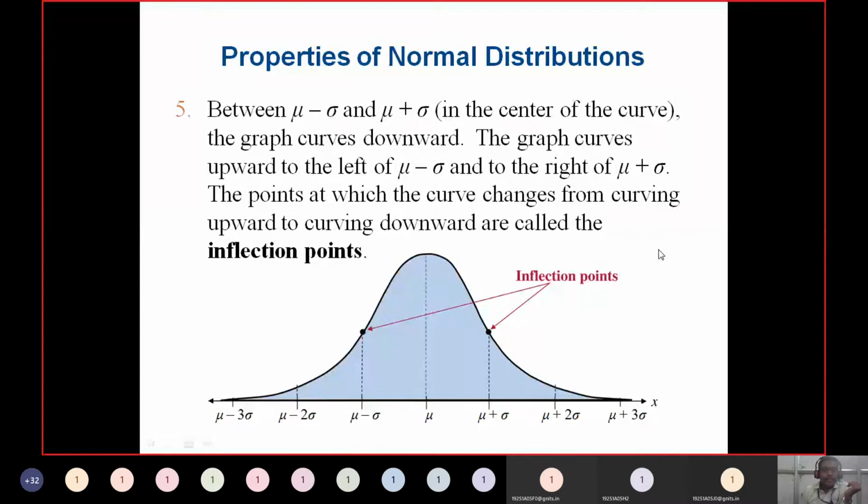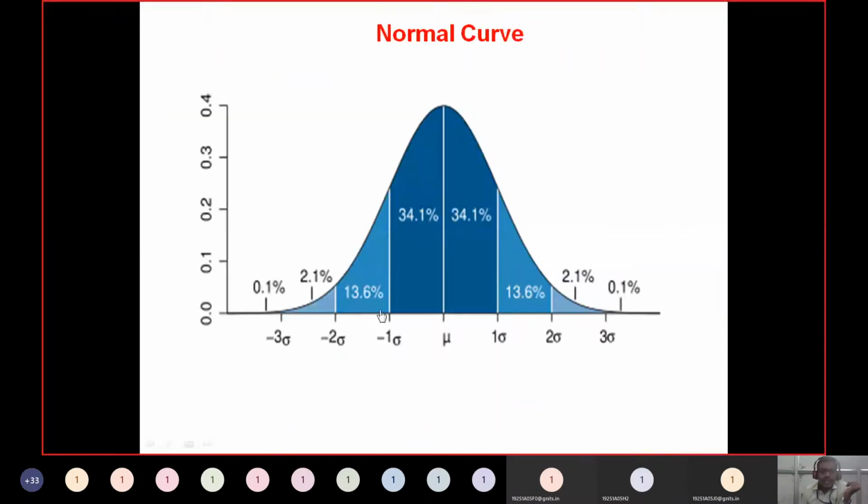There are 2 inflection points on the normal curve, at mu minus sigma and mu plus sigma. At the inflection point, the concavity changes from concave downward to concave upward. And these are the area percentages that we have seen in the last class.